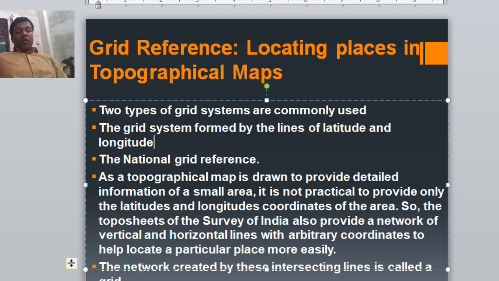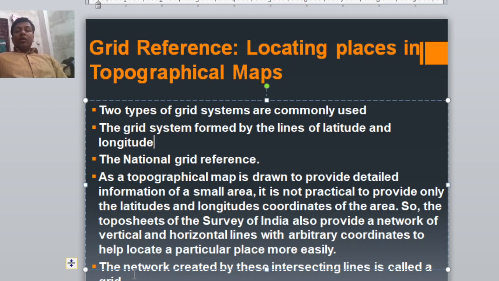It is wrong. We are going to discuss it later, but today we are going to discuss it as well. The network created by these intersecting lines is called a grid. That means horizontal and vertical lines.